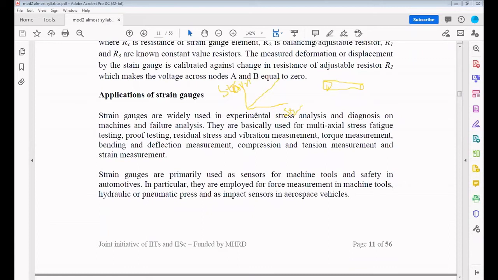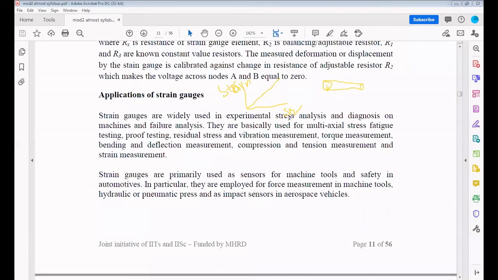So in any industry we can apply stress on any particular material. Suppose, for example, we take one particular material and compress it. If we compress that particular material, automatically the factors of that material will change.